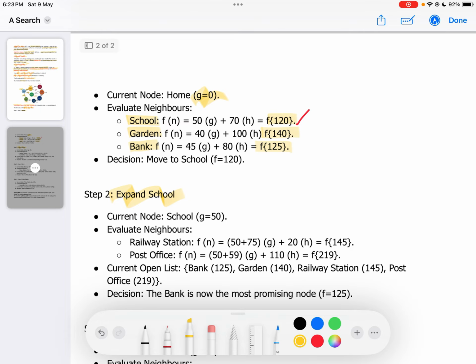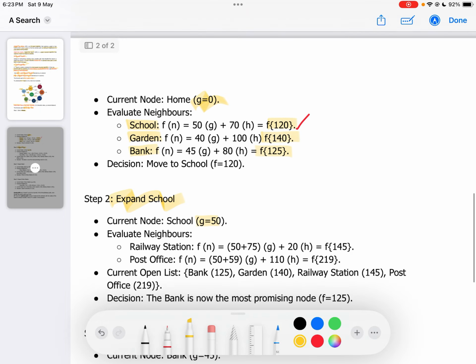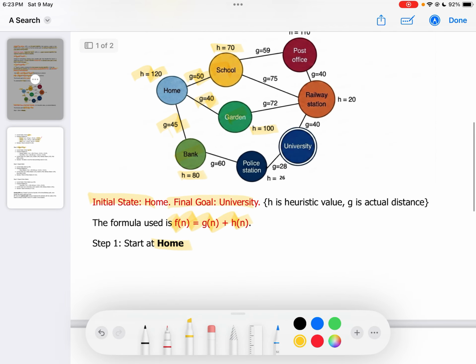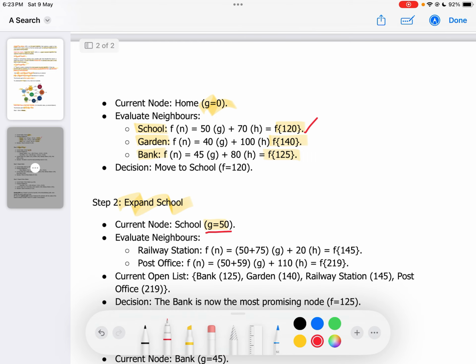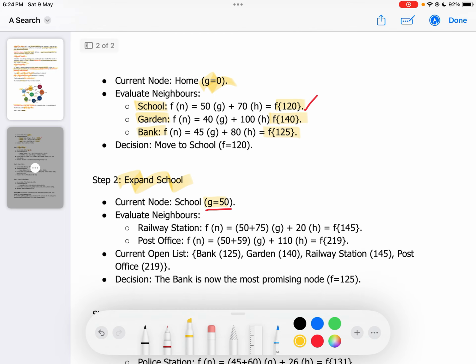So what is the distance? The actual distance between home and school is 50. Now the neighbors of school are railway station and post office.